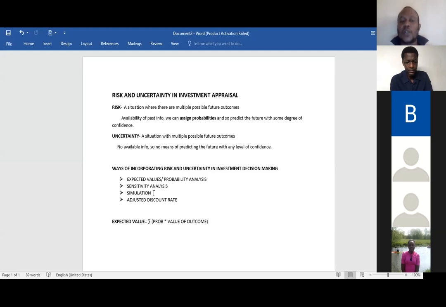With simulation, it's a lot more complicated, with creating different scenarios and varying multiples, and then based on our expectations, we assign probabilities. And then with our adjusted discount rate, we adjust our discount rate either higher or lower to reflect expected risks with a particular project.